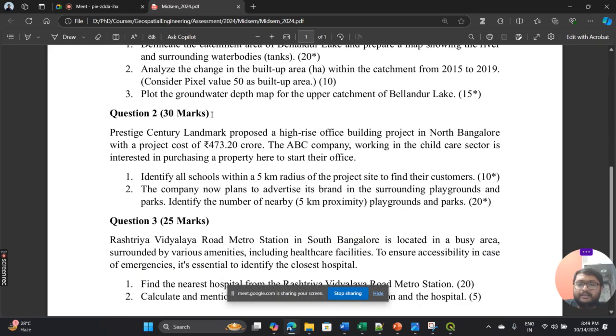Then in the next few questions, let's say we have given them one project site, which is an environmental clearance basically.